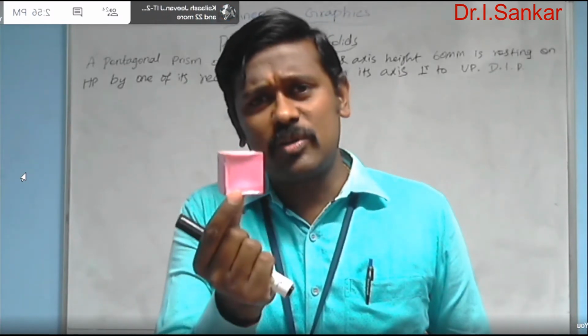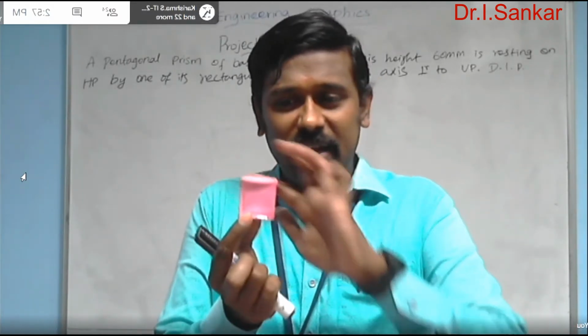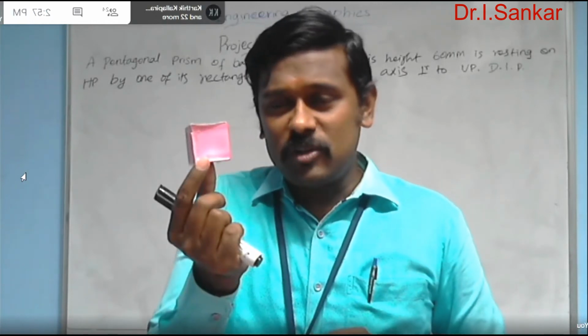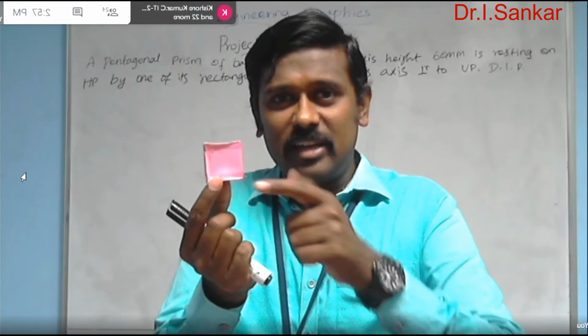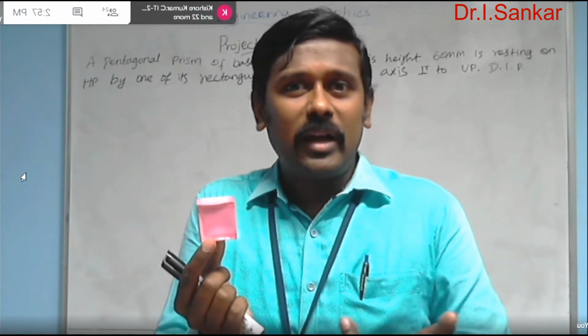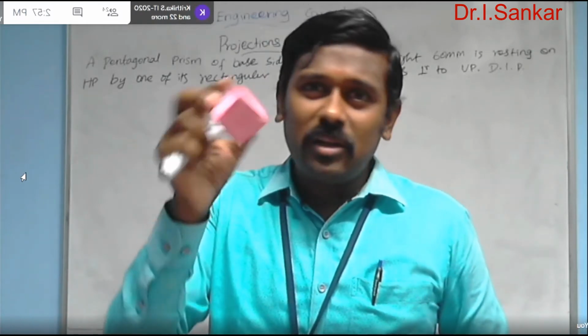Cube is also a square prism. The base and the face are there and side edges also there. The unique feature of the cube is nothing but the base side length and axis length both are equal, and the number of sides in base as well as the side face are also equal. That's why it's a unique solid.